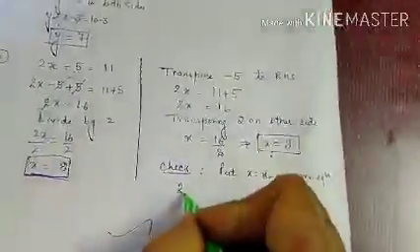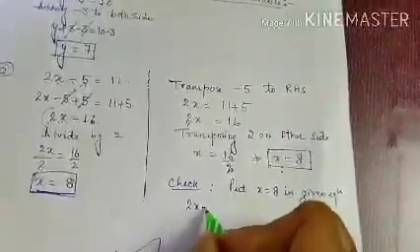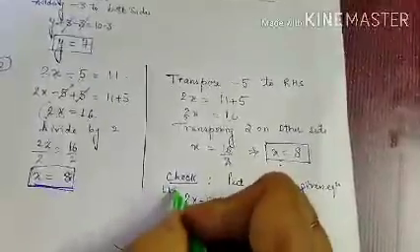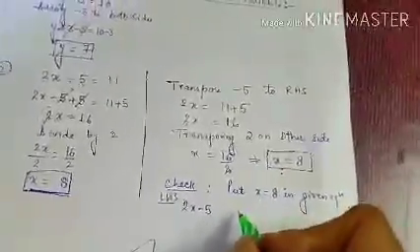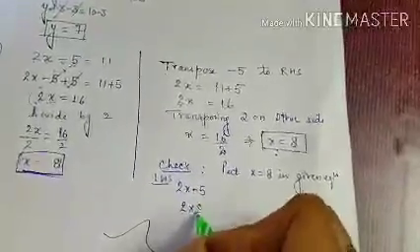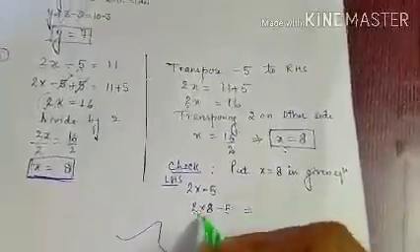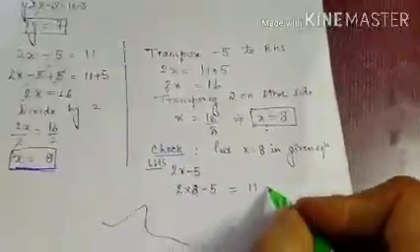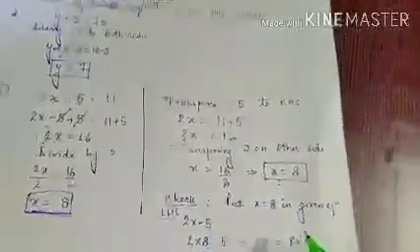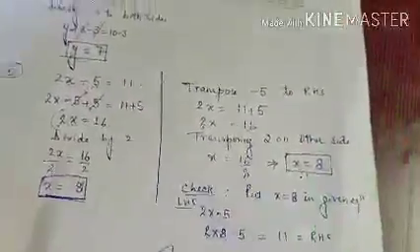The left hand side is 2x minus 5. So when you put x equal to 8, it becomes 2 multiplied by 8 minus 5, that is 16 minus 5, 11, which is equal to the right hand side. So our answer is correct.